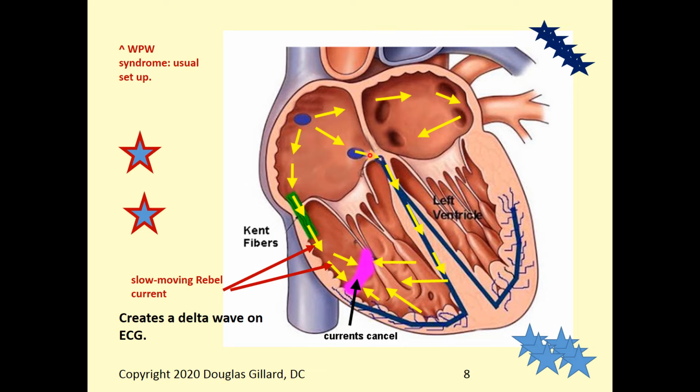The AV node's job is to hold the signal so these atria contract. But there's nothing to hold this one up. So the rebel current marches on and goes further and further and further. But not to fear, about here, finally the normal signal is released, goes down the bundle of His, down the bundle branches. Same thing's happening on the other side normally.